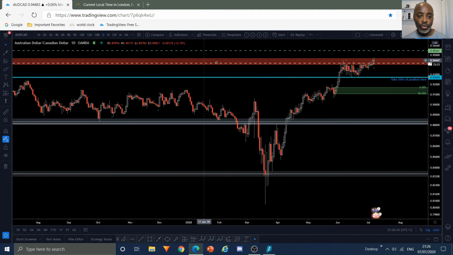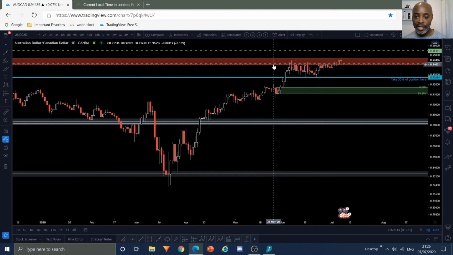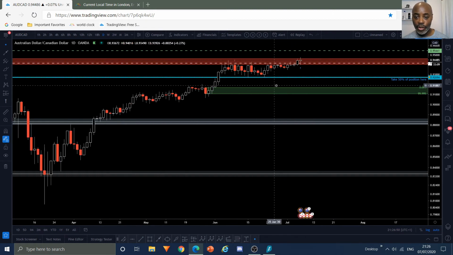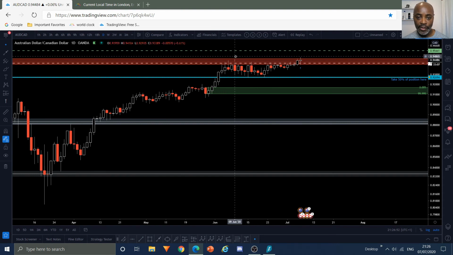The other thing is that we had confluence: this 618 area was also an area of confluence for this zone. And as you can see, this red arrow just inside the shaded red area is the bar that we sell on.